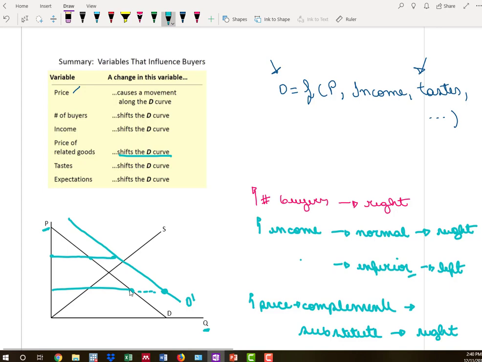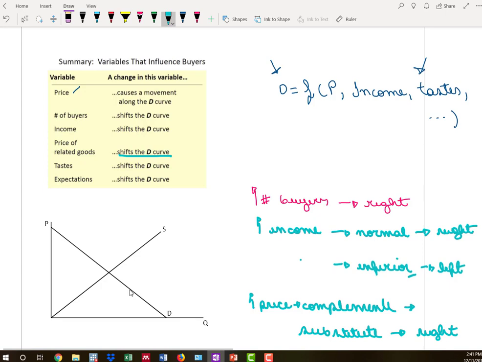But on the other hand, let's talk about a complement. In this case, one example could be coffee and sugar. I actually have my coffee black, but let's say that my taste was such that I only drink coffee and sugar together. If I cannot have them separately, what happens to my demand of coffee if the price of sugar goes up?